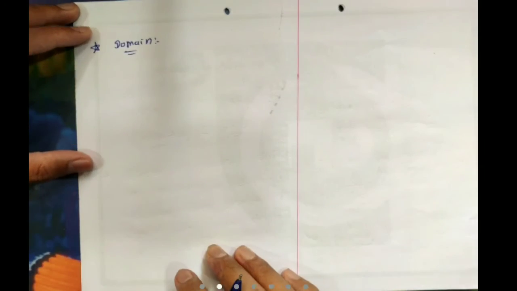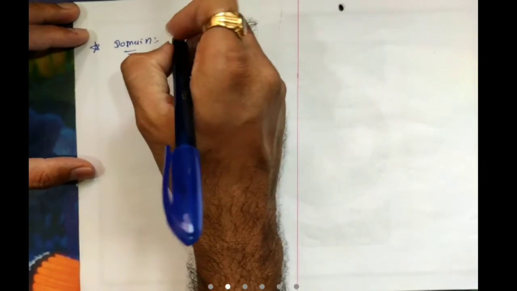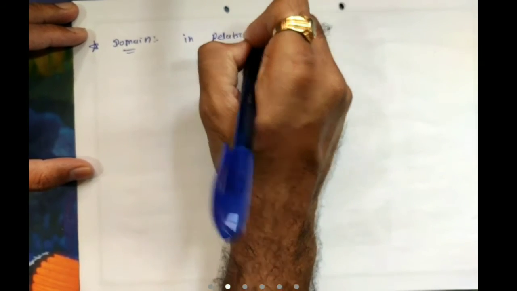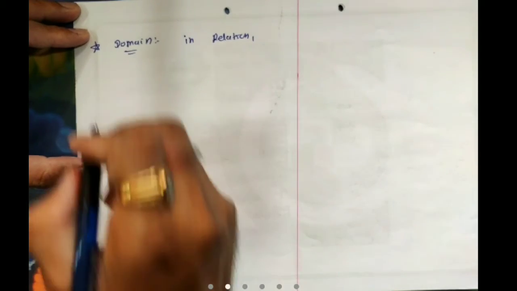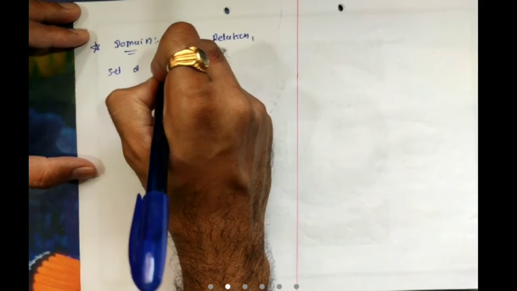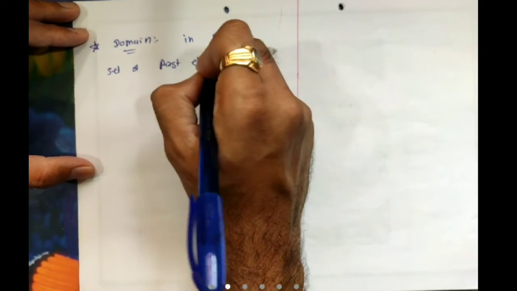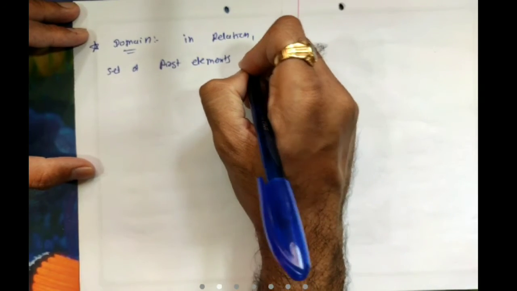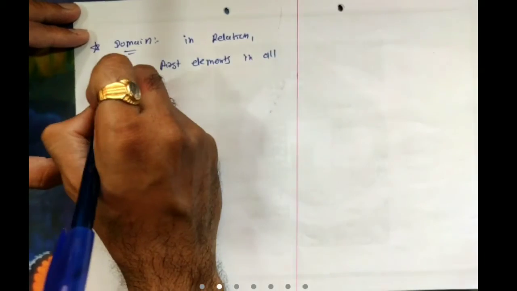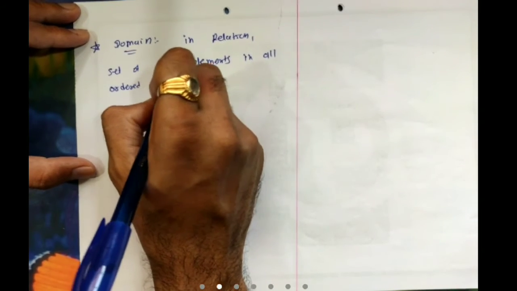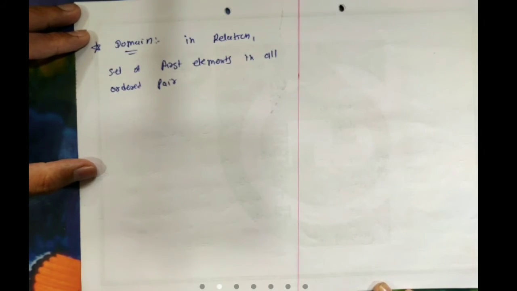In context to a relation, the set of first elements in all ordered pairs is known as the domain.